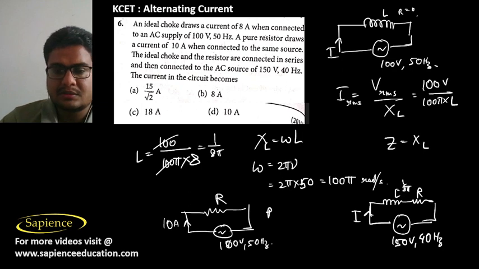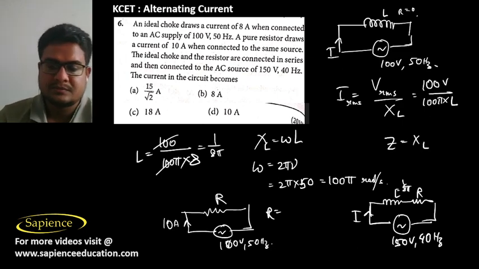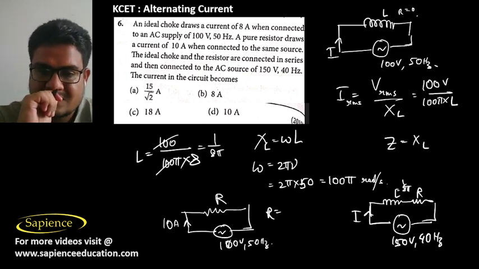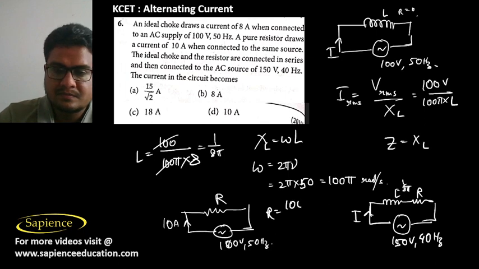And the resistance will be equal to VRMS by IRMS, that is 100 volt by 10, that is 10 ohm.